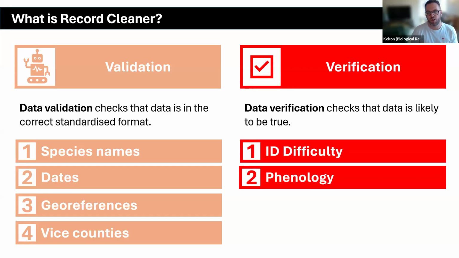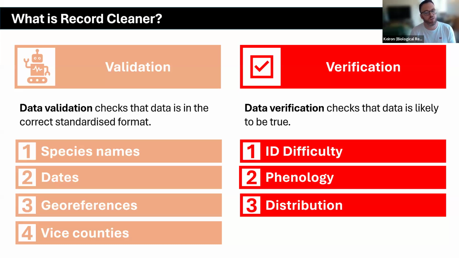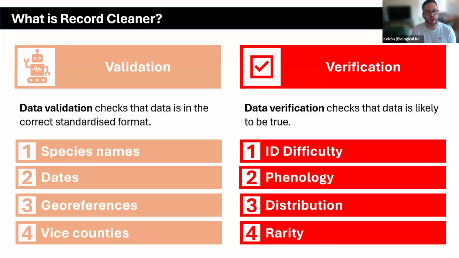So, for example, it will flag records of butterflies that were found outside of their flight periods. It will also check distribution. So, has this species been recorded in this area before, in this 10-kilometer square? If not, it might flag that up. And rarity. So, there are other things that might mean that your data needs some extra checking. So, for example, if it's a very rare species, or if there's a bit of taxonomic uncertainty about it as well.